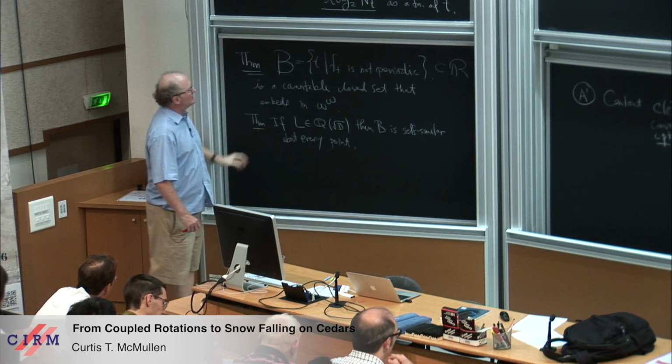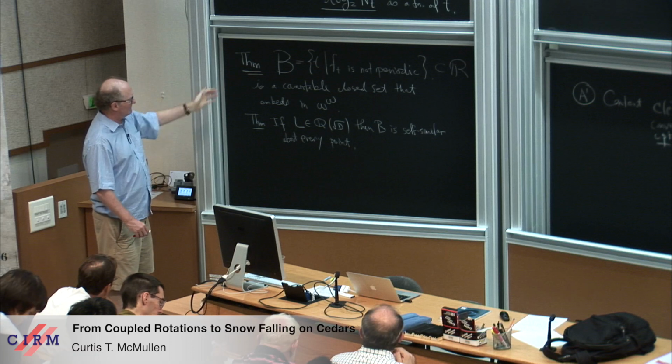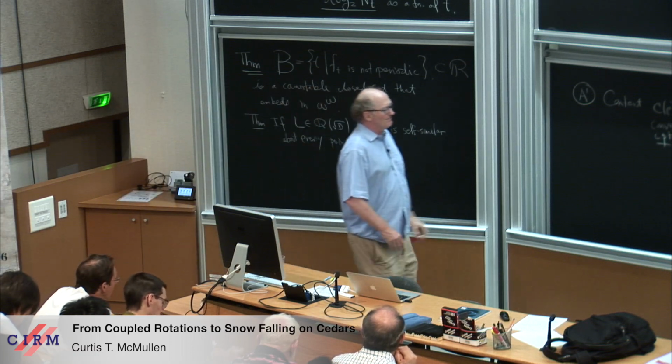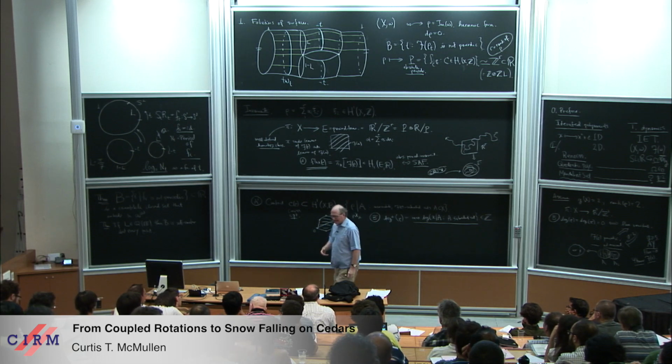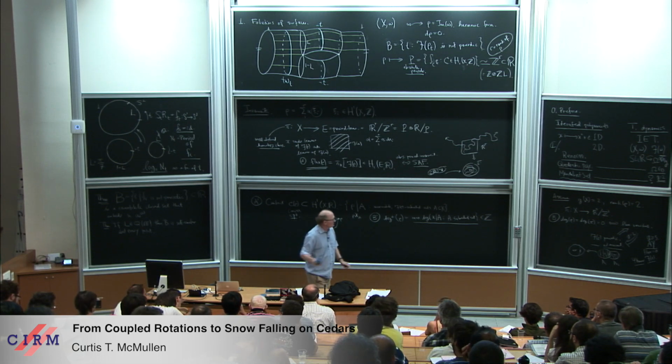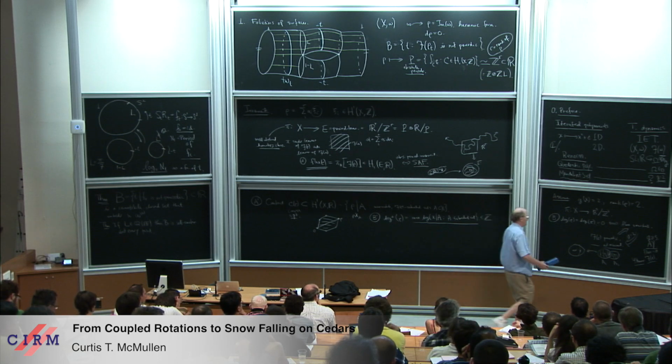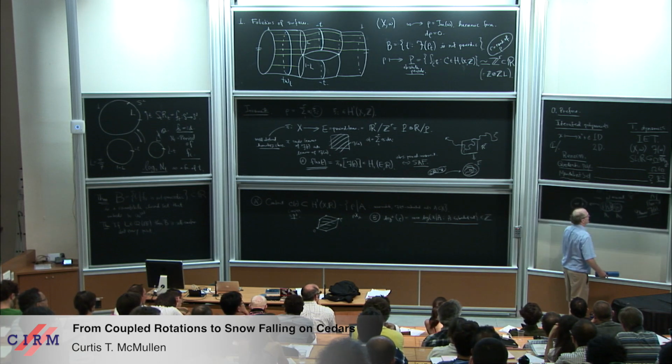So the bifurcation set is a countable closed set, embeds in omega to omega. So there's an underlying statement where we use these invariants to measure the complexity of each bifurcation.